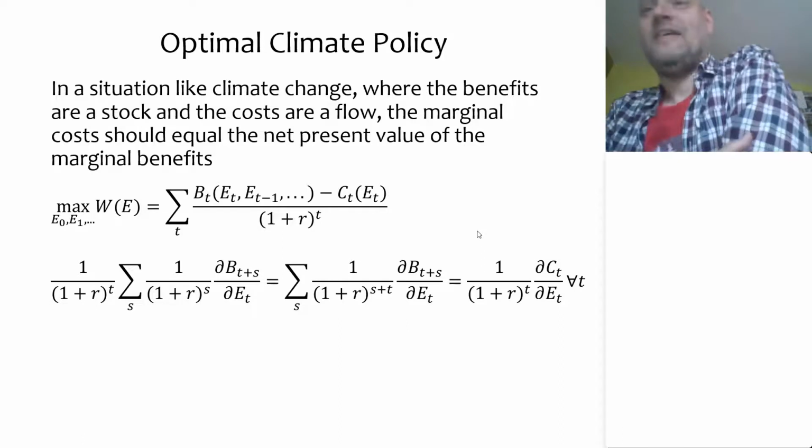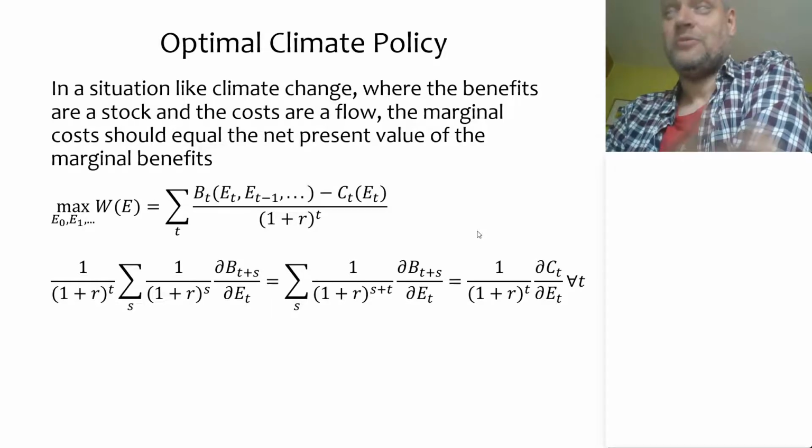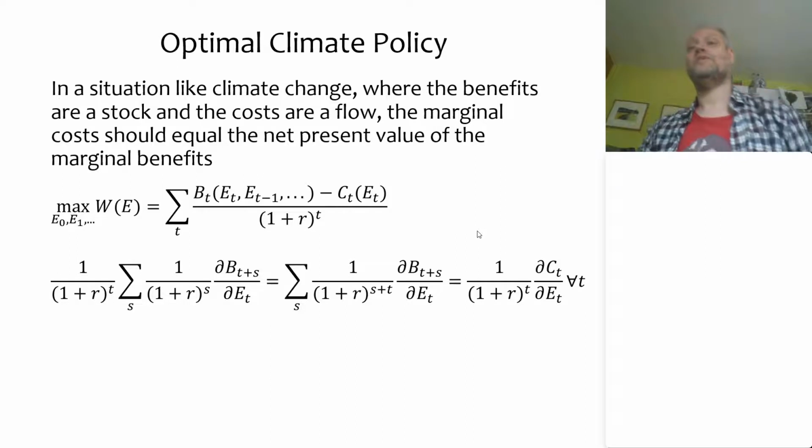So what we have there is dC_t/dE_t. All the rest drops out of that sum, so that is relatively straightforward. Of course, we need the discount factor 1 over 1 plus r to the power t for that.